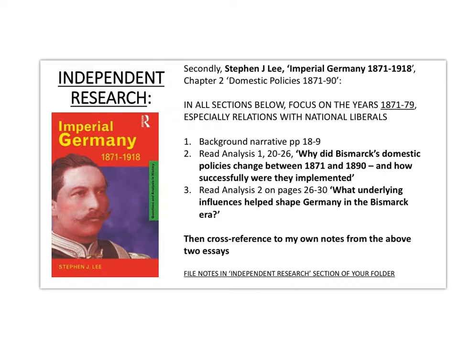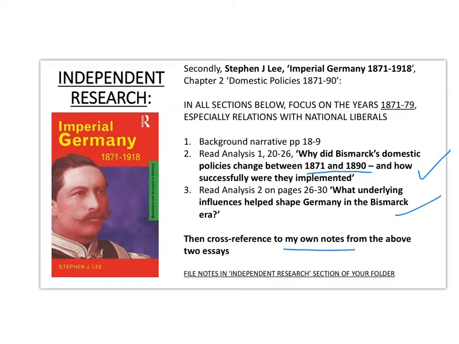There are two essays in chapter 2. The first one is why did his domestic policies change between 1871 and 1890? Obviously you only need to go up to 1879, so be mindful of that when you're reading that. And the second one, what underlying influences helped shape Germany in the Bismarck era?